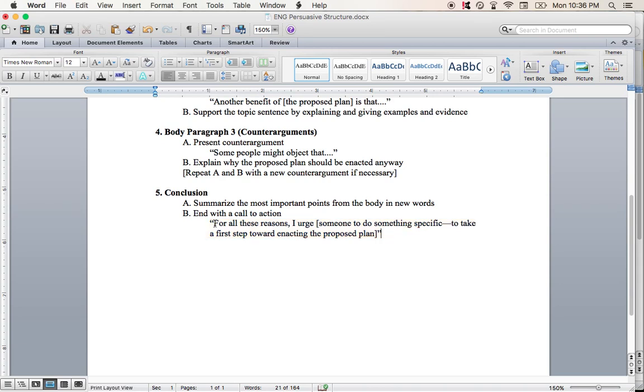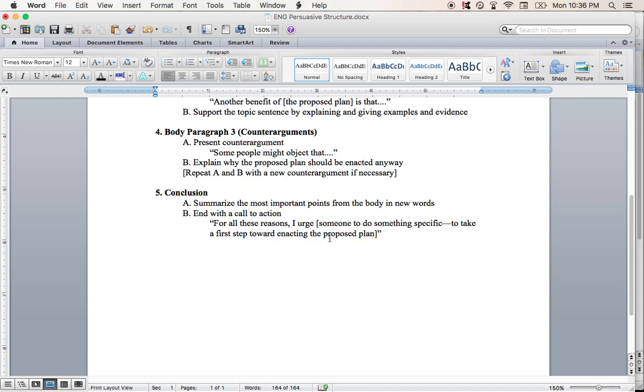So here's an example. For all these reasons, I urge you, or I urge the management at JVS, or I urge the management at this Dunkin' Donuts, or I urge the city council of Malden to do something, to vote for this, to study this issue, to hire an outside expert to survey it, to do something specific.